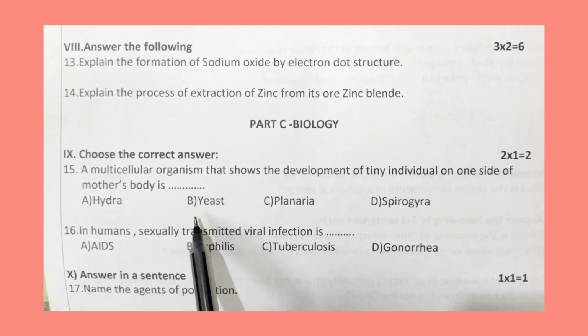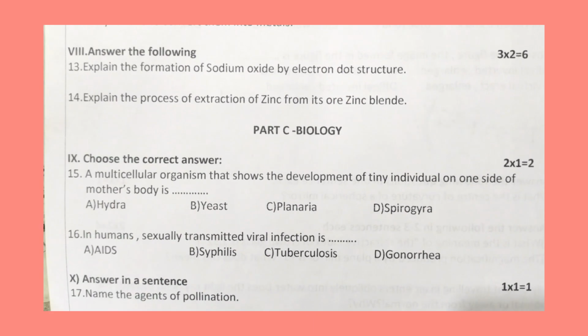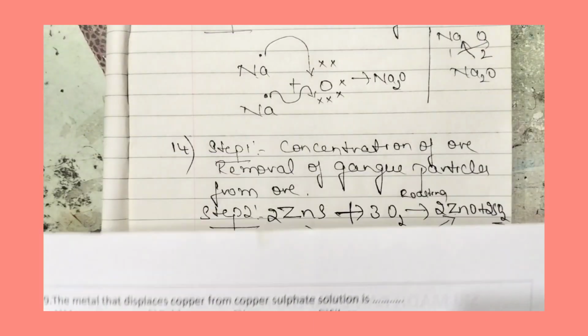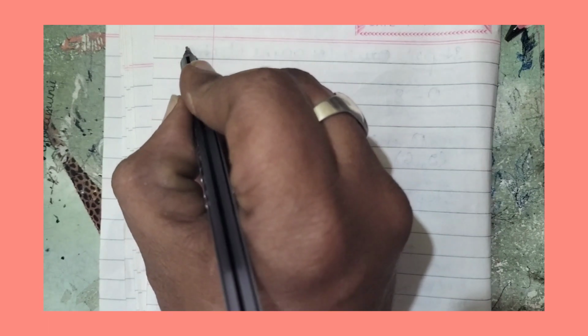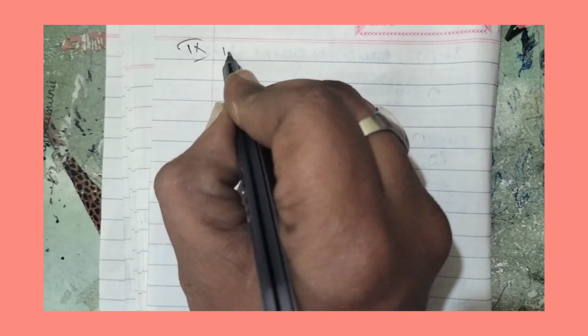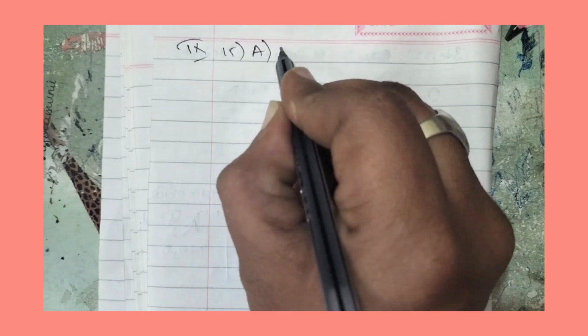Even yeast undergoes budding, but yeast is unicellular, whereas Hydra is multicellular. Therefore, the right option for the 15th question is option A, Hydra.